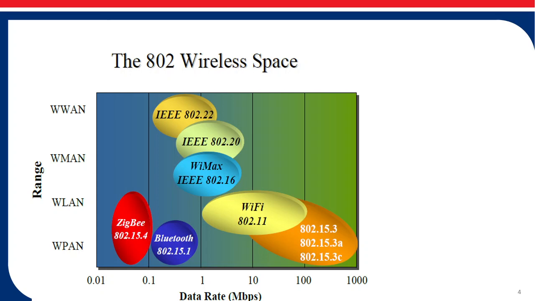High rate in this context is a transfer rate of 11, 22, 33, 44, and 55 Mbps. Task Group 3 has two sub-working groups called 802.15.3a and 802.15.3b.